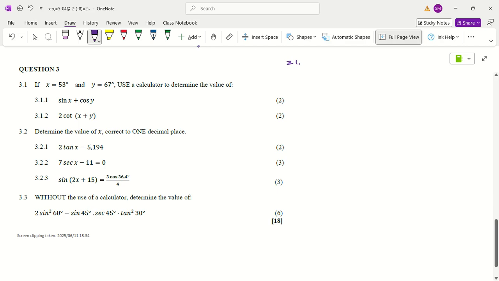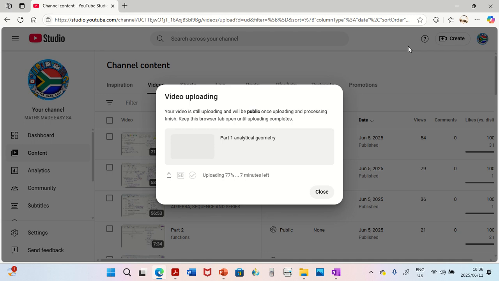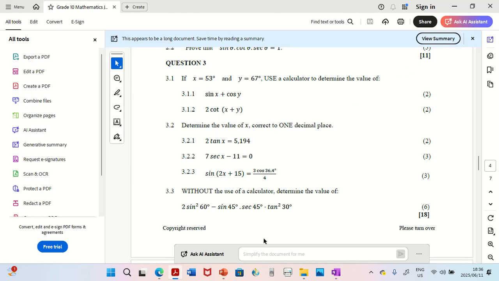So this is 3.1.1: sine, and in the place of x we're going to put 53 as a substitution, and then plus cos, and then y is 67. And now if you press into your calculator there, let me just close everything here. If we press into our calculator there, where's my calculator?